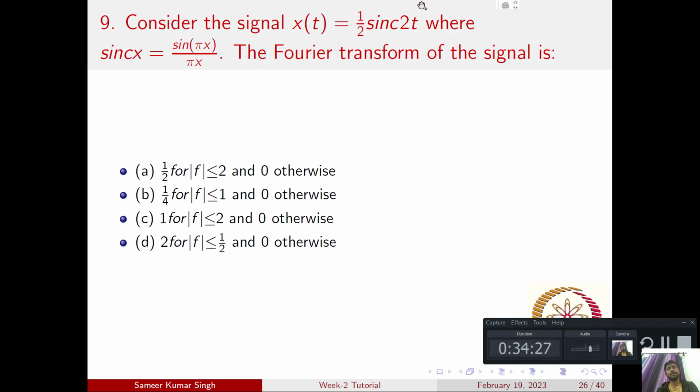So that is the question. We have to calculate the Fourier transform of the sinc function, that will be sinc 2t. We can write the sinc function: sinc x is equal to sin(pi x) upon pi x.